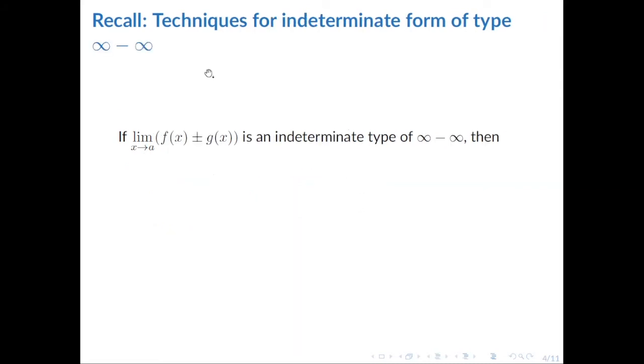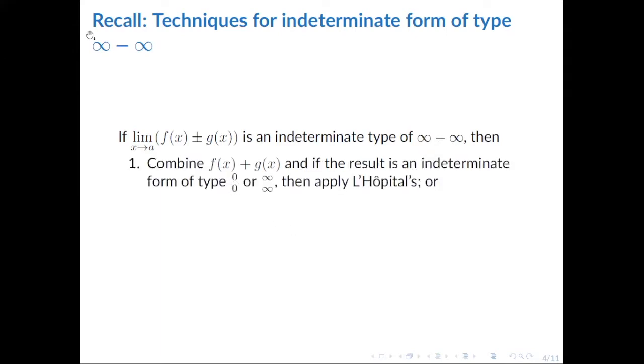Kapag ito naman, yung limit ng sum or difference ng dalawang function na to as x approaches a is an indeterminate form of type infinity minus infinity, then pag-combine natin yung dalawang function.